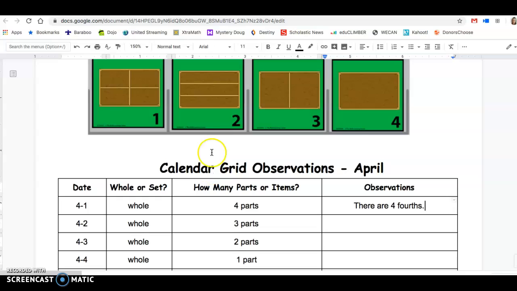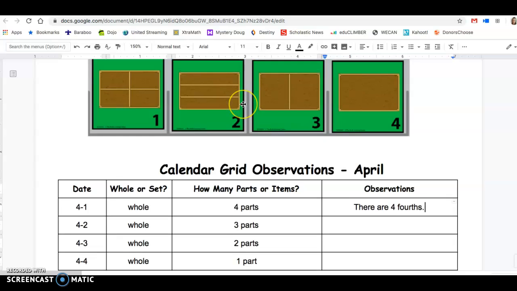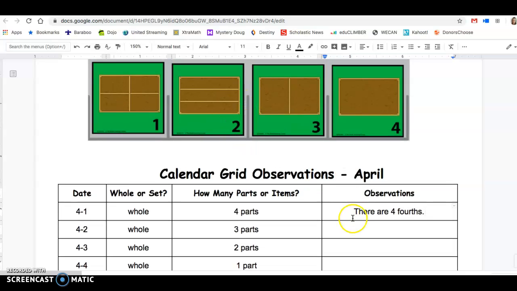All right, second one, the second card right here. What do you notice? Some observations, or maybe there's an equation that we can write in the observations box. Think for a moment about what you notice. Well, on this one, I'm noticing that each part is 1/3.